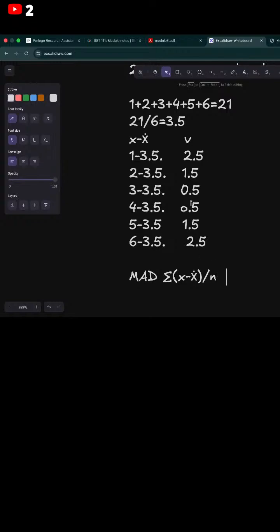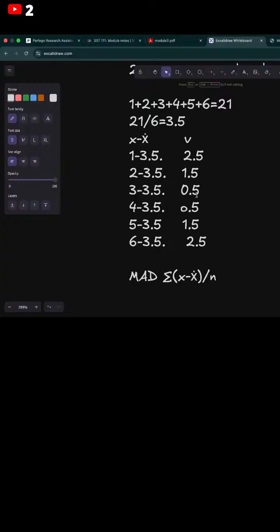So we do the total of this, then we divide by the total number of observations. Let me do it quickly: 2.5 plus 1.5 plus 0.5 plus 0.5 plus 1.5 plus 2.5.